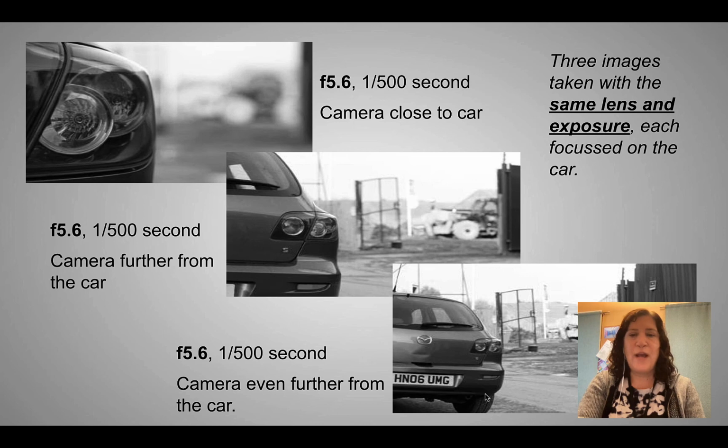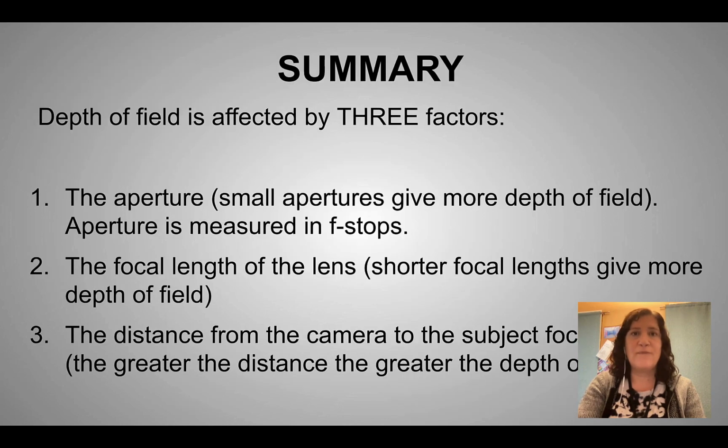From far away, you can see lots is in focus. Getting closer, you can see that background is getting a little blurrier. And then when you're really, really close to that car, it's a very blurry background. So if you want to have a shallow depth of field, get close to that object or your subject.